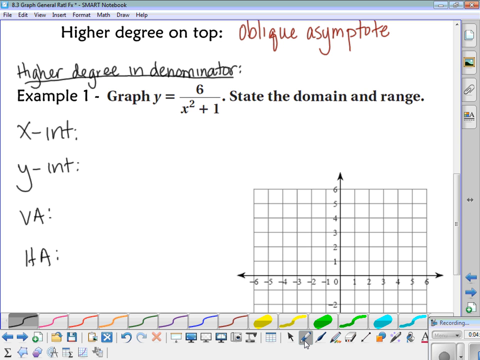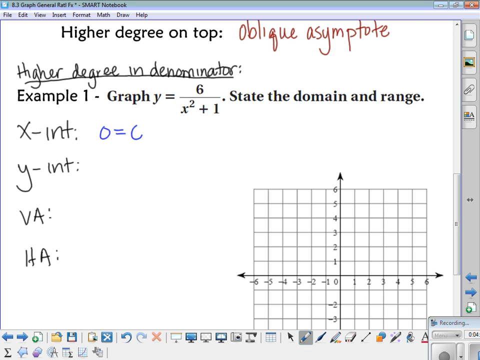So to figure out the x-intercept, that means y is 0. And so I set the top equal to 0. Is it possible for 6 to equal 0? It's not possible. So there are no zeros, right? And if there are no zeros, that means there is no x-intercept.